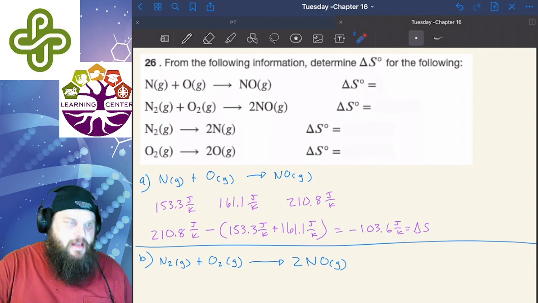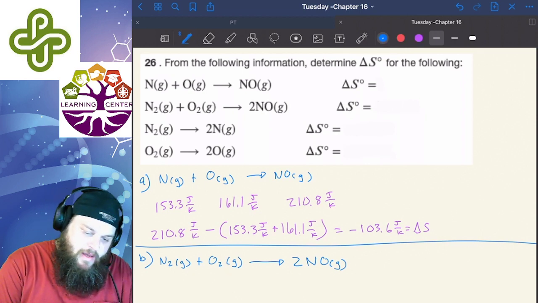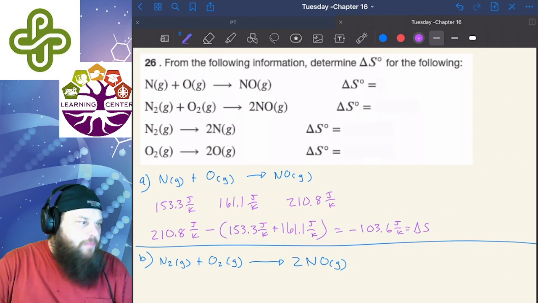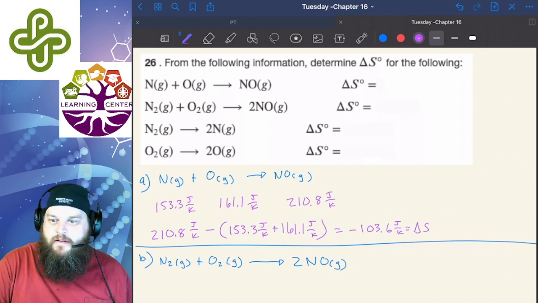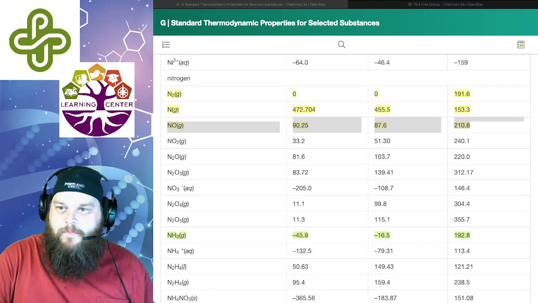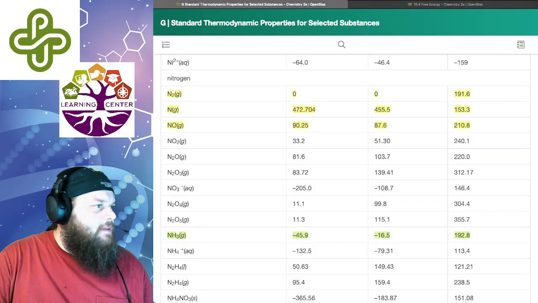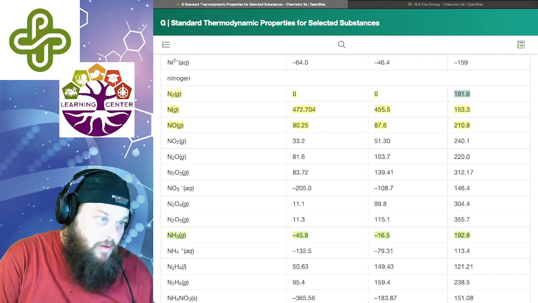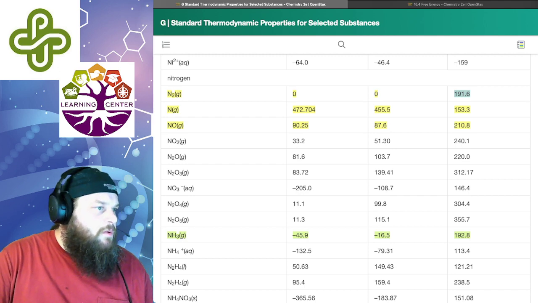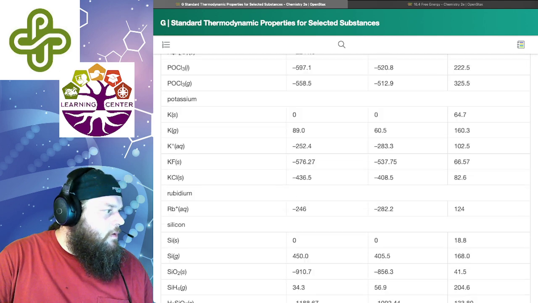For this next one, we want to look at what the entropy is for N2 gas. So let's switch back over here. N2 gas is going to be this one up here, and the entropy is 191.6. O2 gas, going down.